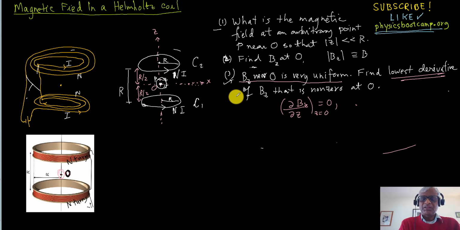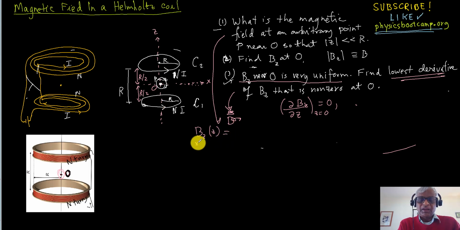So the way number 3 will be done is you will have B of z as a function of z along this axis, with x equal to 0, y equal to 0 assumed.